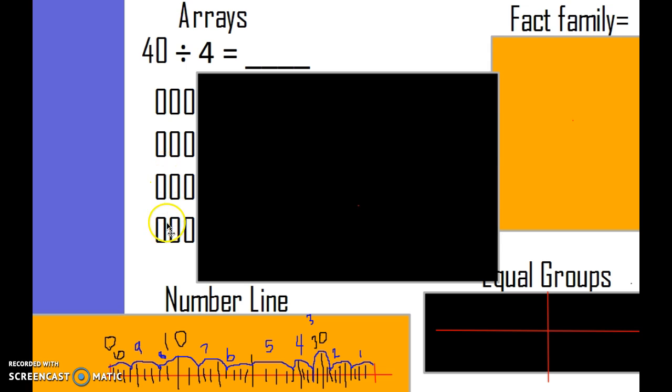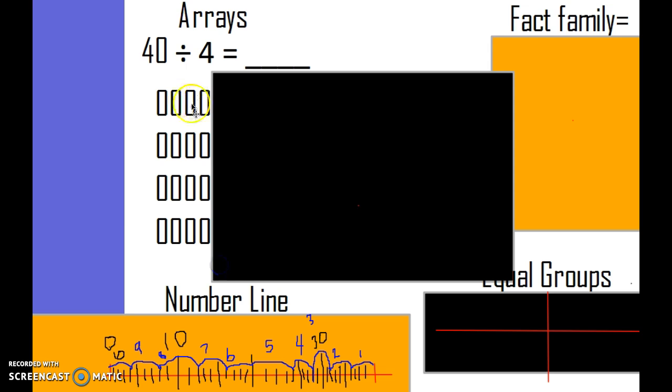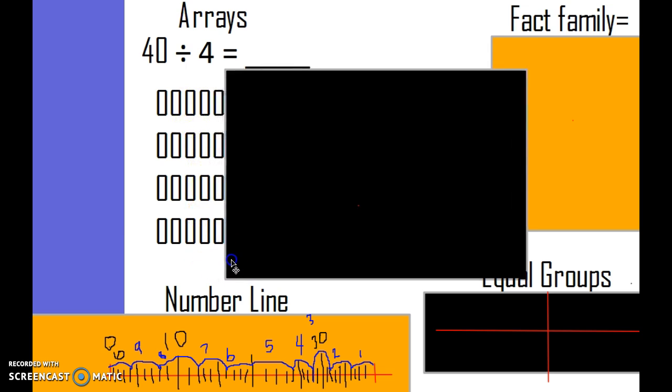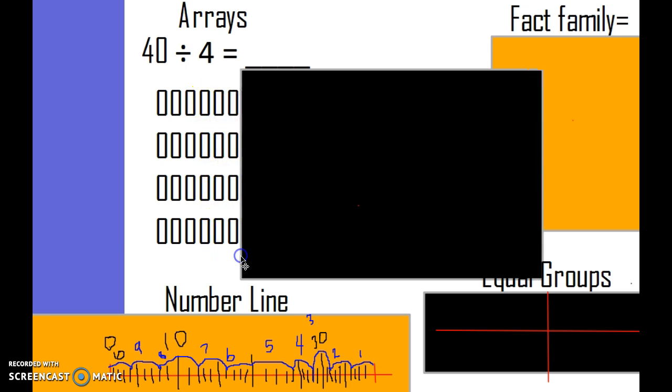So 1, 2, 3, 4, 5, 6, 7, 8. Draw it out. 9, 10, 11, 12, 13, 14, 15, 16. I'm not to 40 yet. 17, 18, 19, 20, 21, 22, 23, 24.